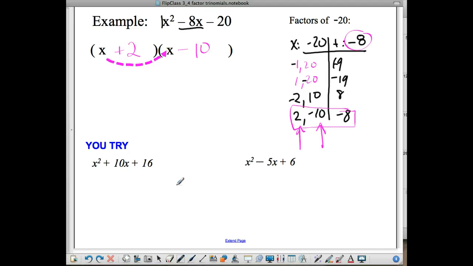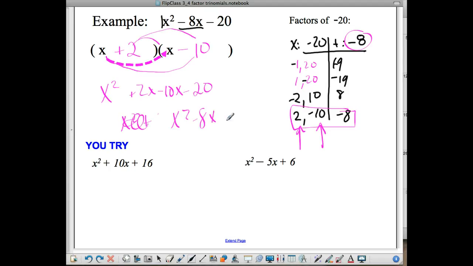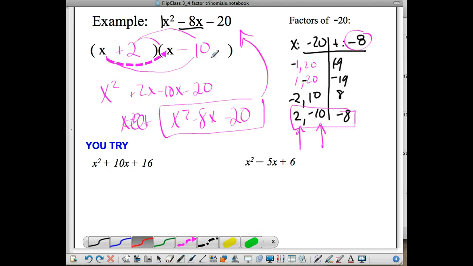So x times x is x squared. 2 times negative 10 is negative 20. 2 times x is plus 2x. x times negative 10 is negative 10x. Combine like terms, and we get x squared minus 8x minus 20, which is what it should factor to. So this was just to check it.